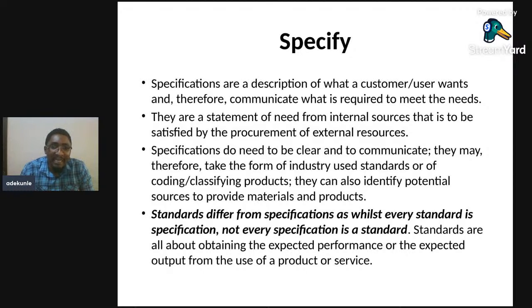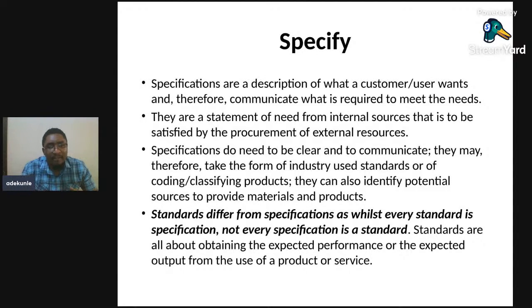It must be clear that the details of what is needed are communicated to the relevant department that will be handling the procurement, especially when you're dealing with spare parts, bolts, and screws, whose sizes are seriously different and vary.